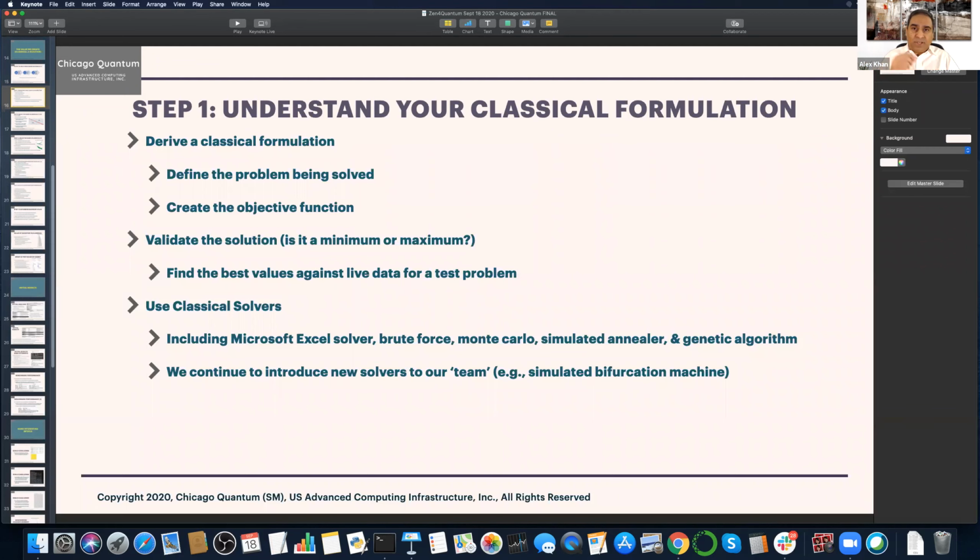Other times we just have to put the values in manually and say, okay, I can do better manually. But the point really is we had to really understand the problem we were trying to solve. And during that time, we also introduced the simulated annealer and the genetic algorithm. All of these were tools to help us get better answers and clarity on the problem we're solving.